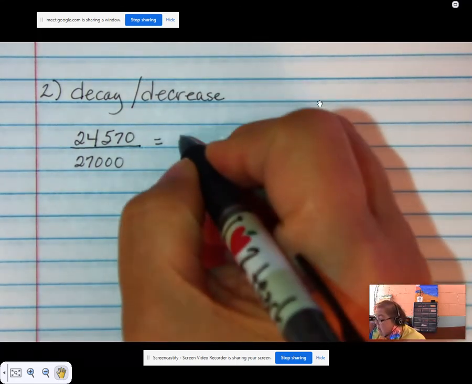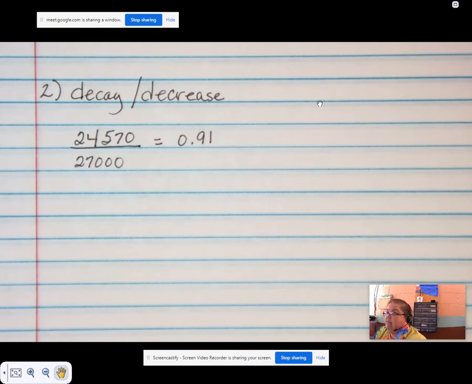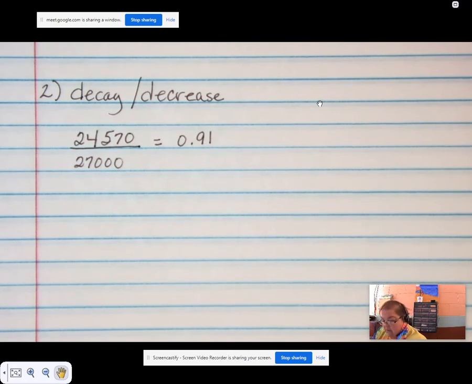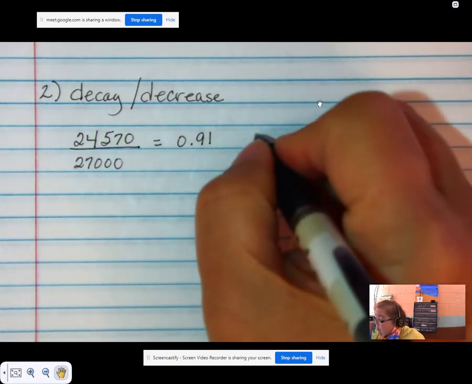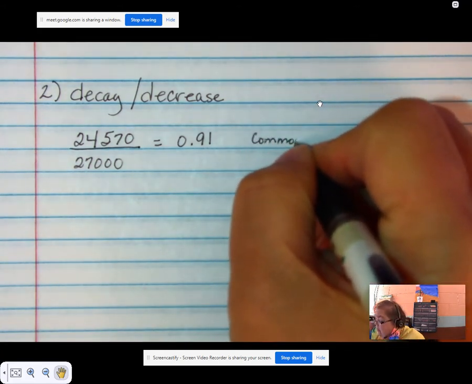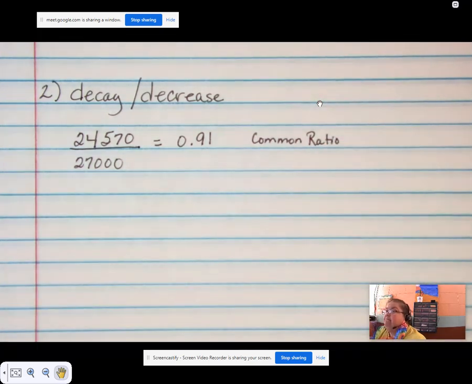And we get 0.91. Right? Second term minus the first term, right? For a common difference. Second term divided by the first term to get that common ratio. Okay?